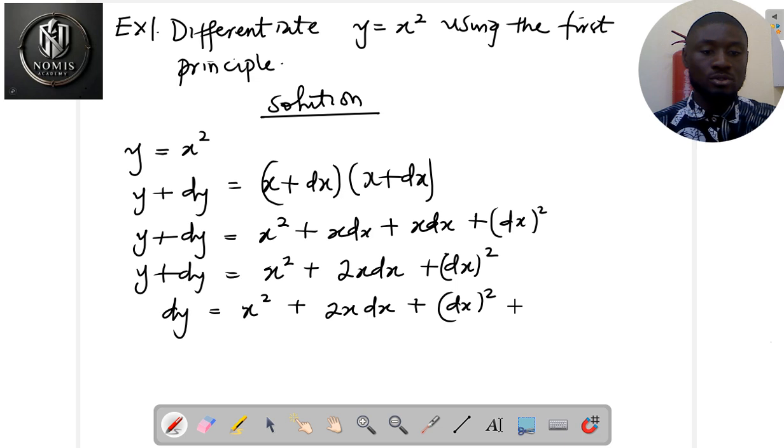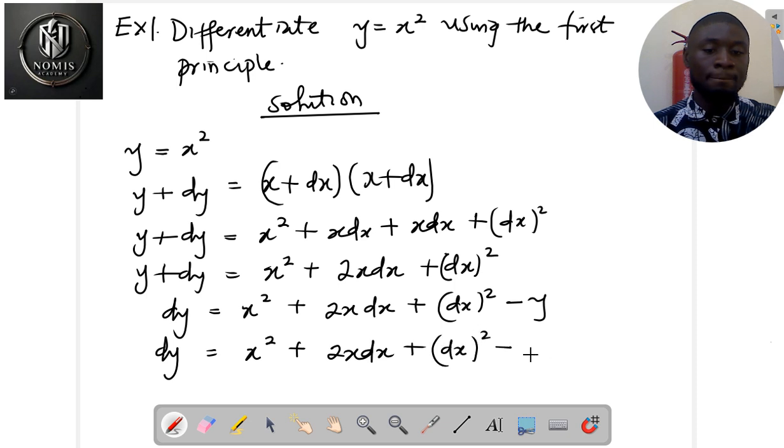Now, this y comes to the other side and becomes minus y. And remember the value of y from our equation 1, the equation given to us. y is directly equal to x squared. Then we can tell that δy is equal to x squared plus 2xδx plus (δx) squared minus x squared.